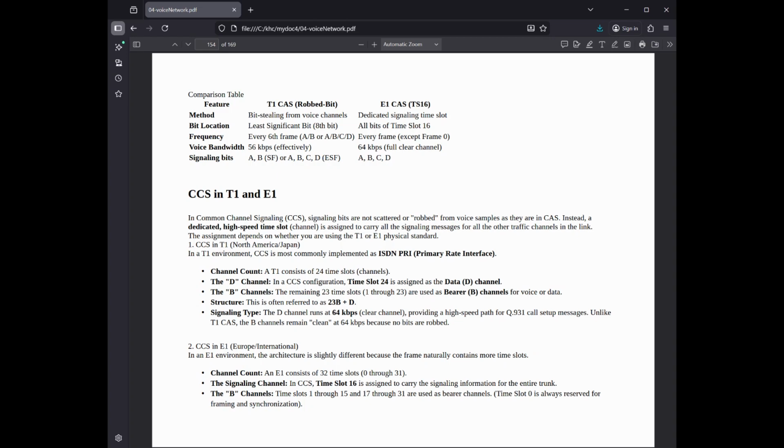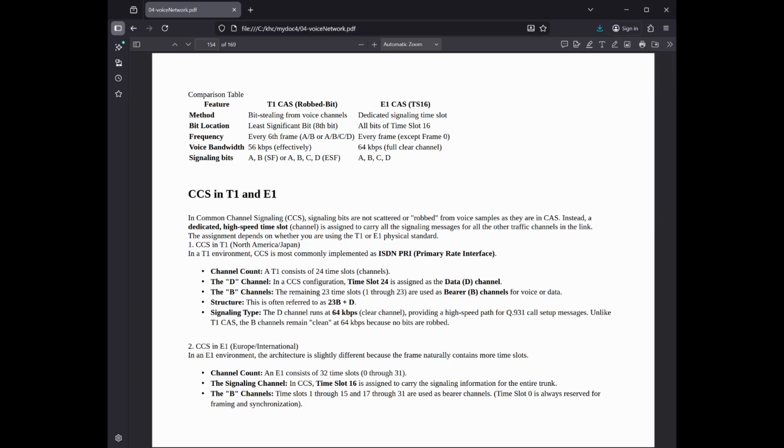The B channels: the remaining 23 time slots, 1 through 23, are used as bearer, B, channels for voice or data. Structure: this is often referred to as 23B plus D. Signaling type: the D channel runs at 64 kbps, clear channel, providing a high-speed path for Q.931 call setup messages. Unlike T1 CAS, the B channels remain clean at 64 kbps because no bits are robbed.